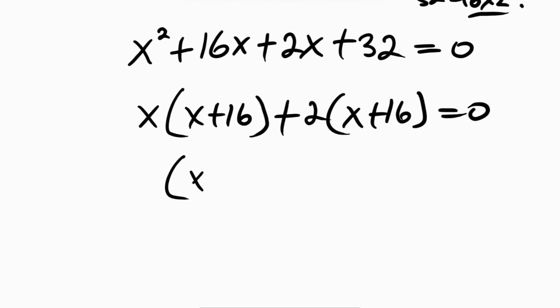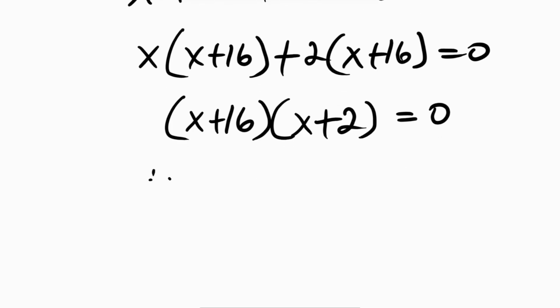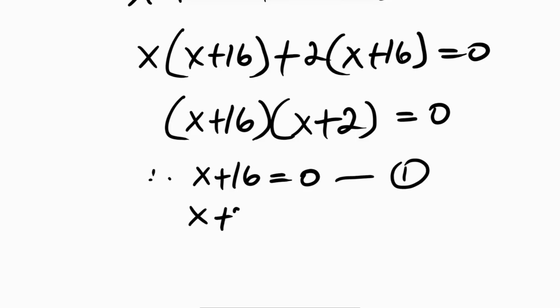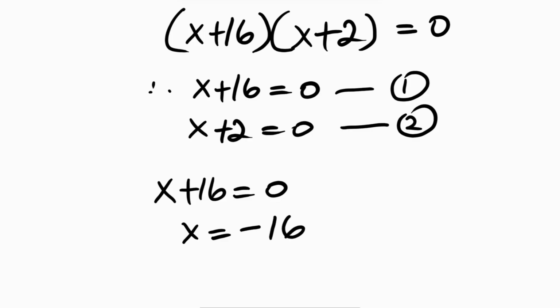So now this becomes (x + 16)(x + 2) equals 0. Now, so we have two equations: x + 16 equals 0, equation 1, and x + 2 equals 0, equation 2.